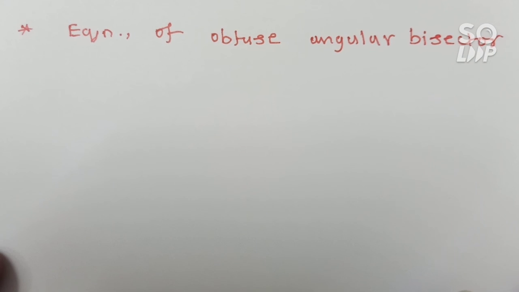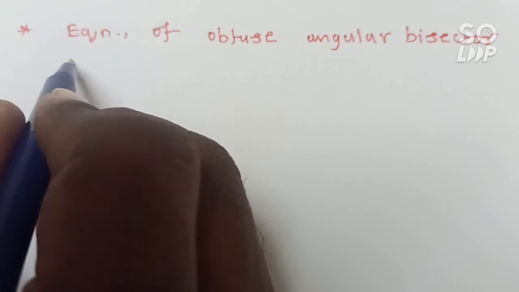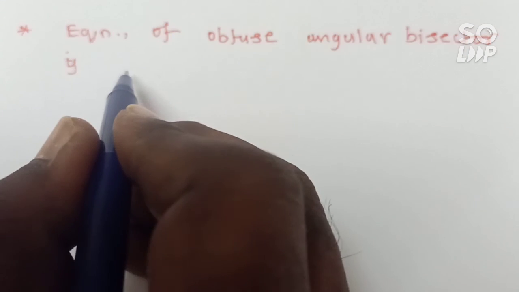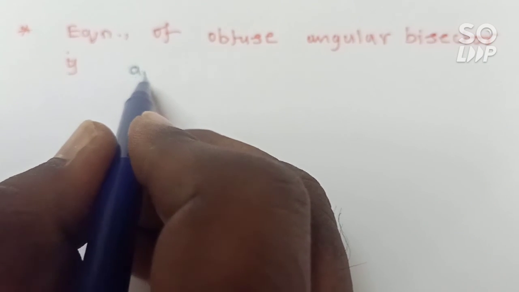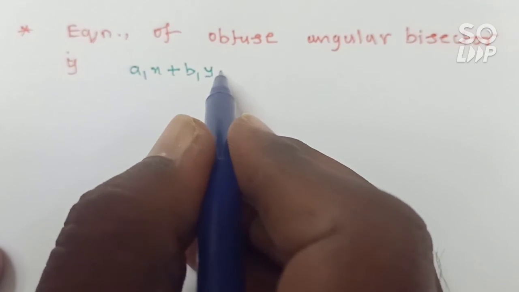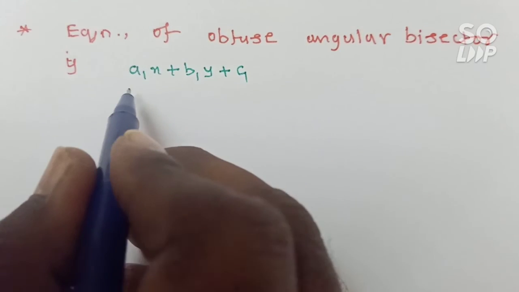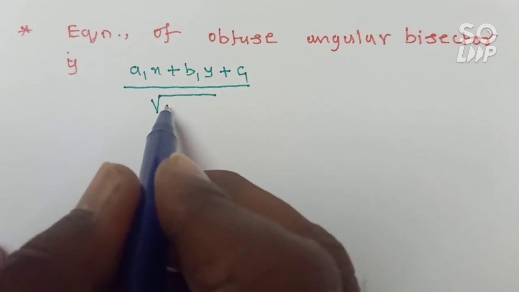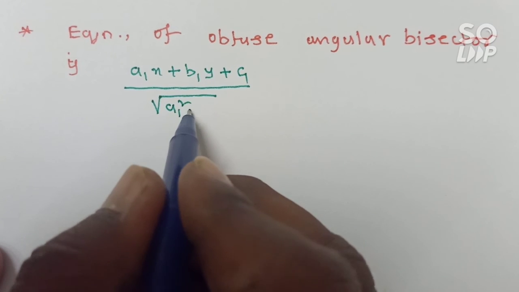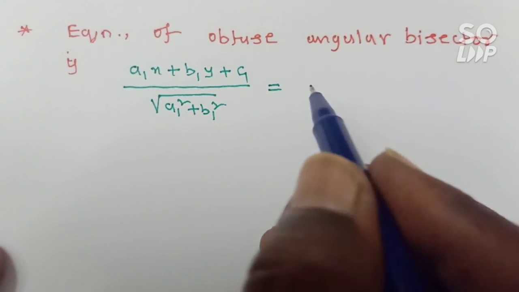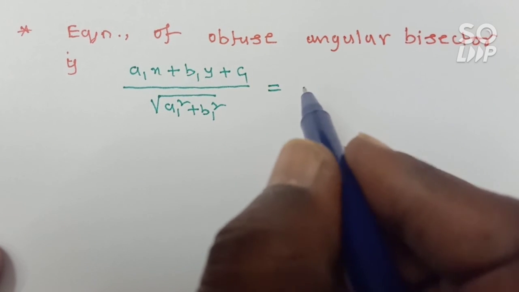Obtuse angular bisector, so what will be that equation? That one will be taken as (a1 x + b1 y + c1) divided by the square root of a1 squared plus b1 squared is equal to, here will you take the negative sign or the positive sign?